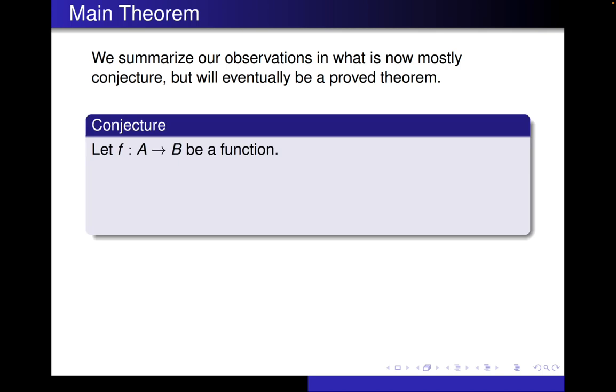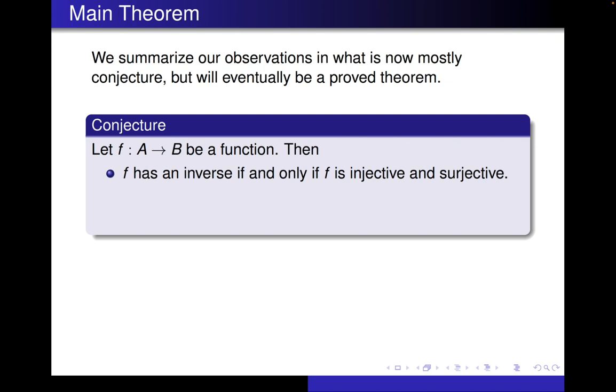So let f from A to B be a function. Then, a couple things we're going to say. Well, maybe three things. f has an inverse if and only if f is injective and surjective. And we've actually proved half of that. We proved that if f has an inverse, then f is injective and surjective. The second is, if f has an inverse, the inverse of f is unique. In other words, the inputs and outputs are completely determined by f.